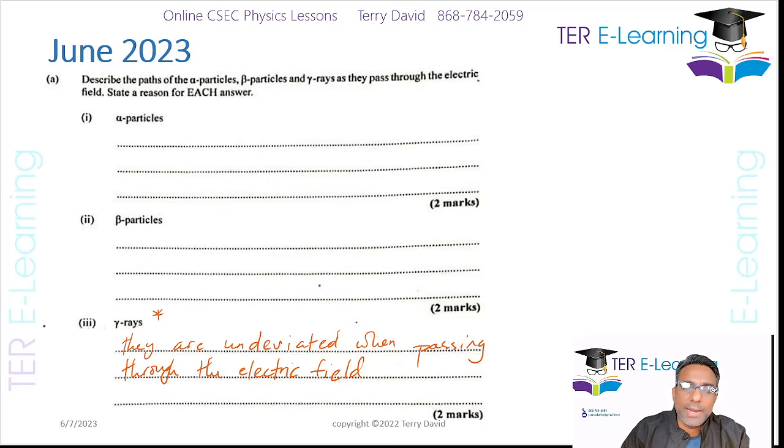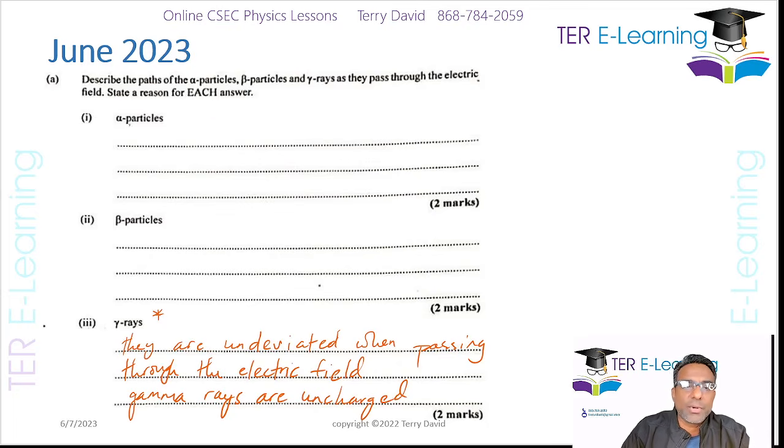The reason for that is that gamma rays have no charge. So you can even see that gamma rays are uncharged. Because I've seen 2 marks here, I probably should mention that.